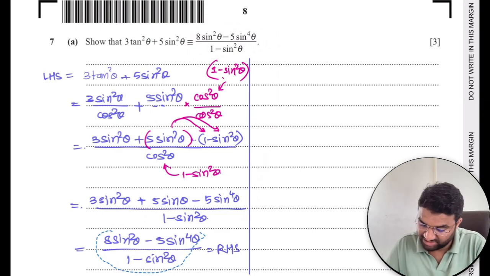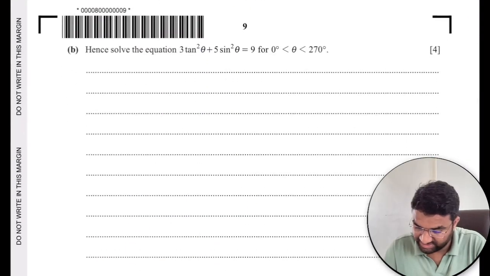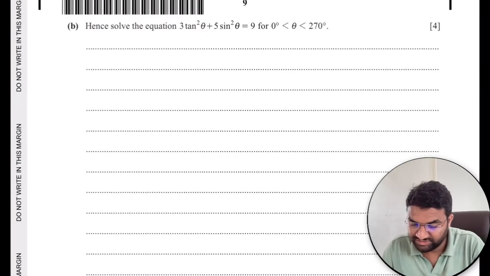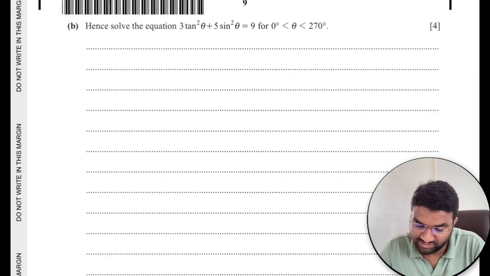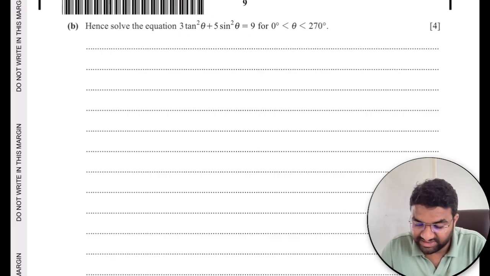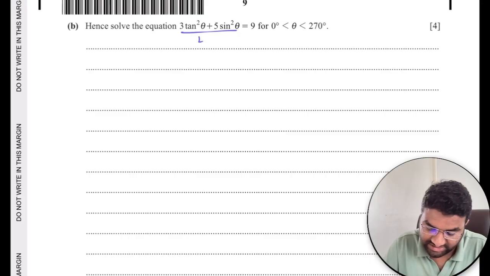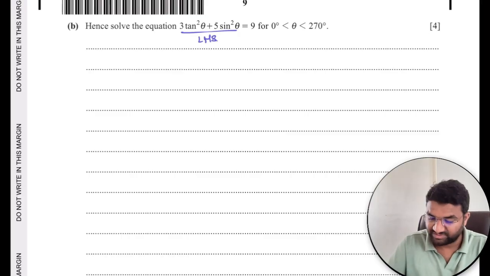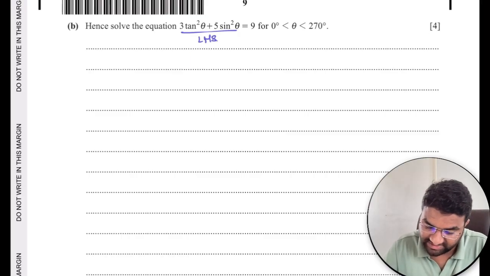Now in the B part we have: hence solve the equation 3 tan square theta plus 5 sin square theta is equal to 9. This is the left hand side of the earlier equation, so we can substitute the right hand side as well.